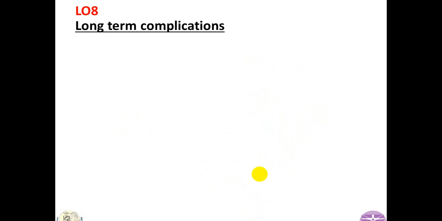So what are the long-term complications of diabetes? Chronic hyperglycemia will make glucose precipitate in the tissues, and it will have its toxic effect through the sorbitol and other metabolites like nitric oxide, and there will be depletion of the NADPH, and many complications will result.